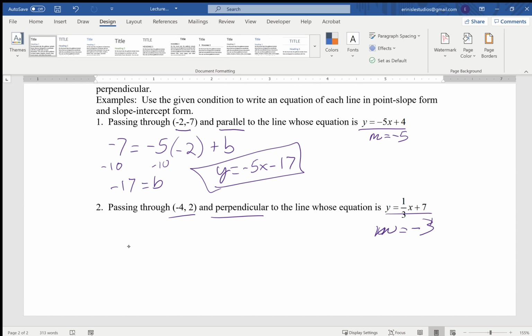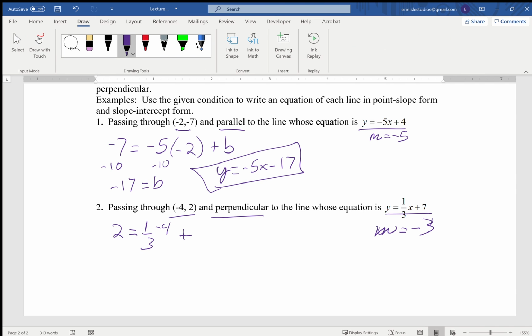Okay, so y is equal to 1/3 times x, which is -4, oh, I'm sorry. I totally blew that. It's been a long day. Alright, so it's not 1/3, right?